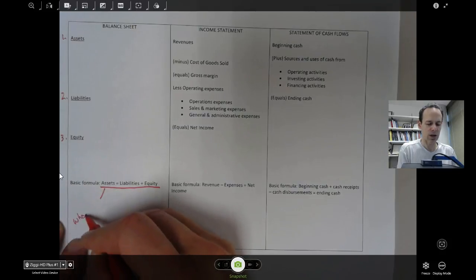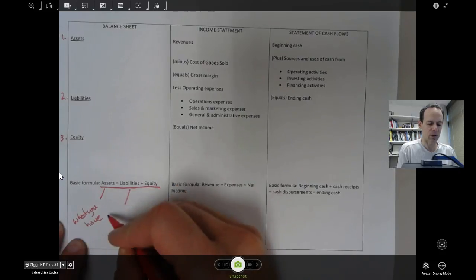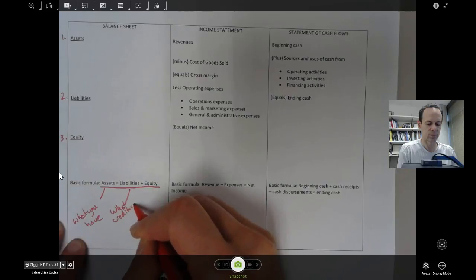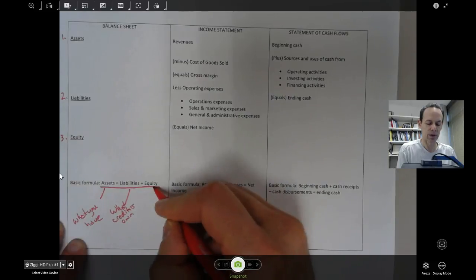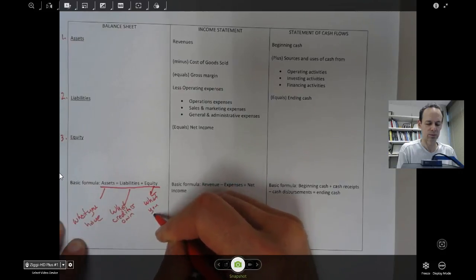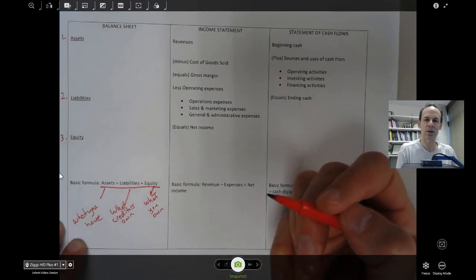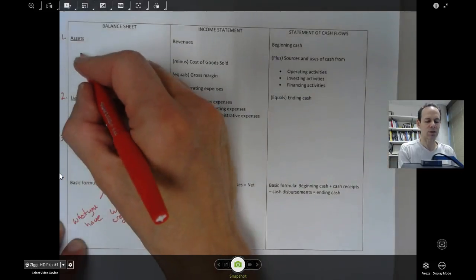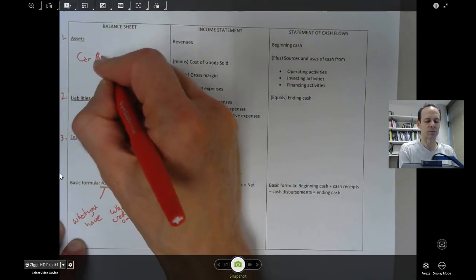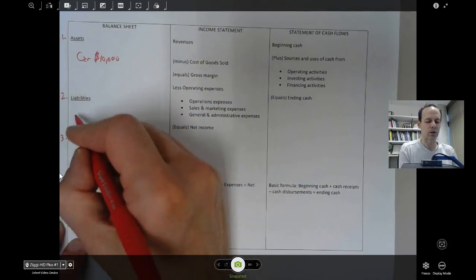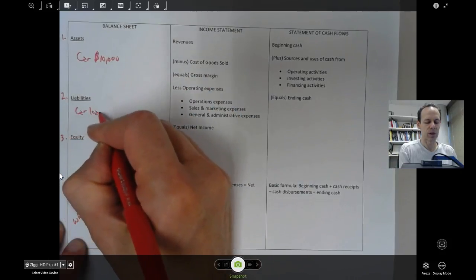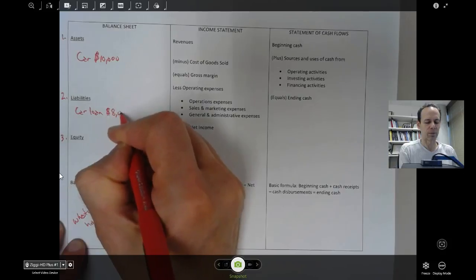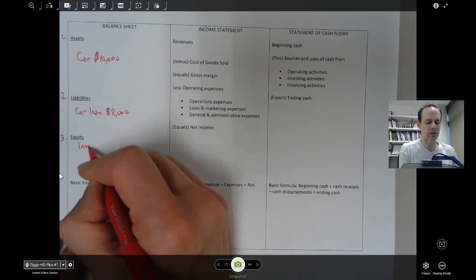Assets are what you have. Liabilities are what creditors own of what you have, and equity is what you own. So for example, let's say that you have a car, and that car cost $10,000. You might have acquired a car loan for $8,000, and you invested $2,000 in the car.